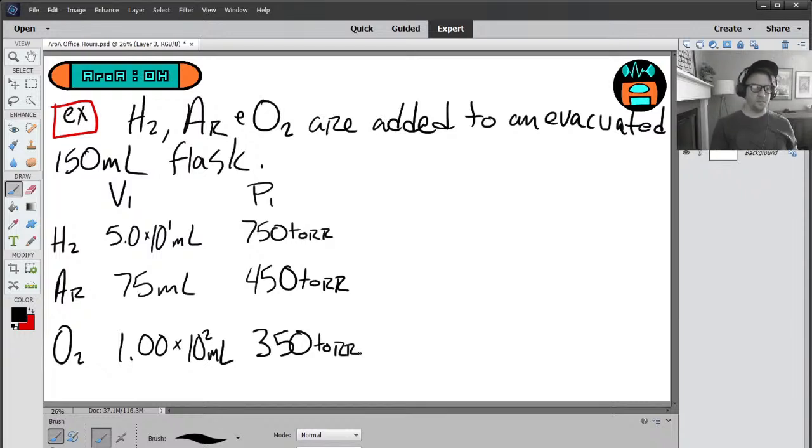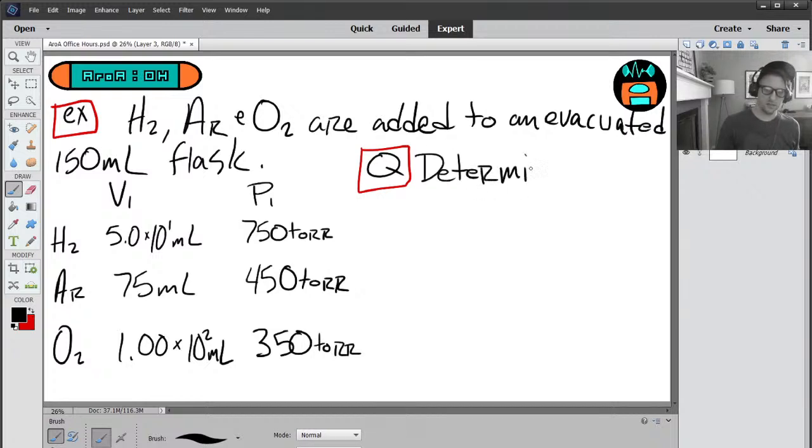All right, so that's our given information, and then they ask the big question. Determine the pressure in the 150 milliliter flask.